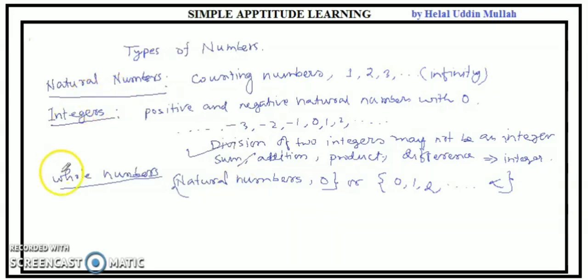Then we have rational numbers. A rational number is a number that can be expressed as a ratio of two integers, or expressed as a fraction.